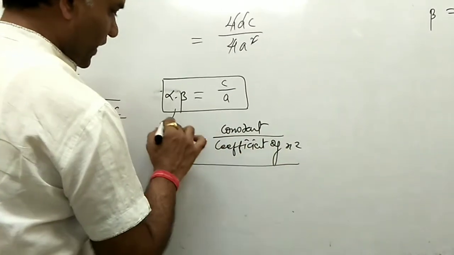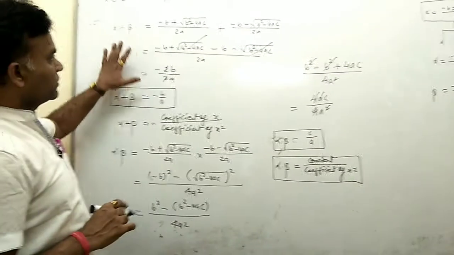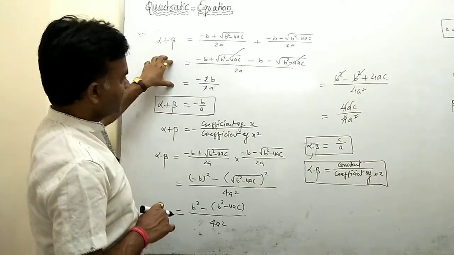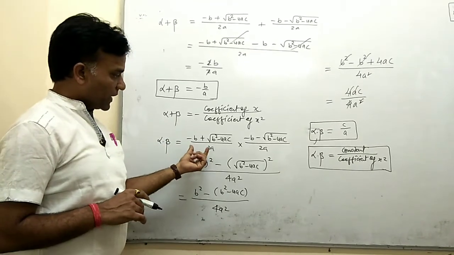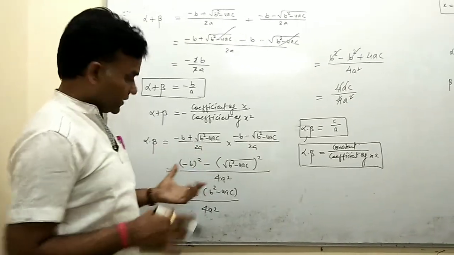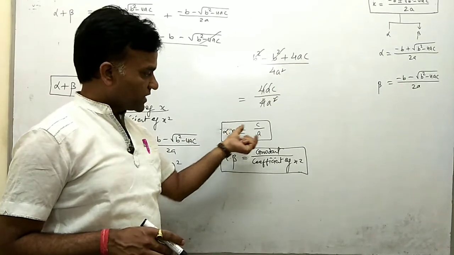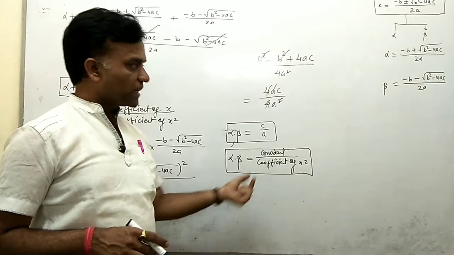Okay, so there are two relations between the roots, the sum of roots and the product of roots. So now that is easy for forming. You form first alpha and beta, then you add them, and you get the concept of sum of roots. And now you multiply the values of alpha and beta, you find the product, then you get the relation between the coefficients, that is c by a. C means constant and a means coefficient of x square.